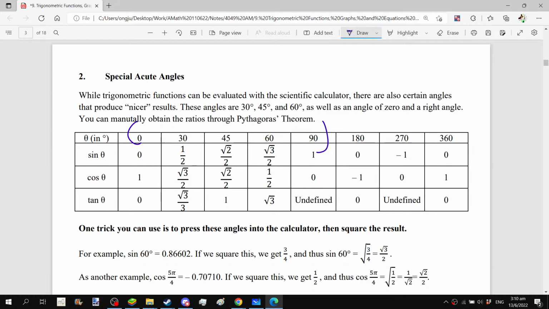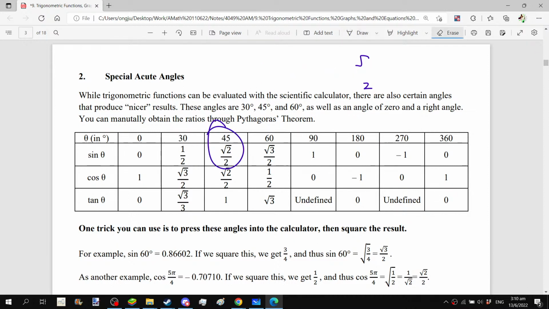In other words, you will get very special results when you put in these numbers. So how do we read this table? For example, we can expect the sine of 45 degrees to give us root 2 over 2, this value over here.